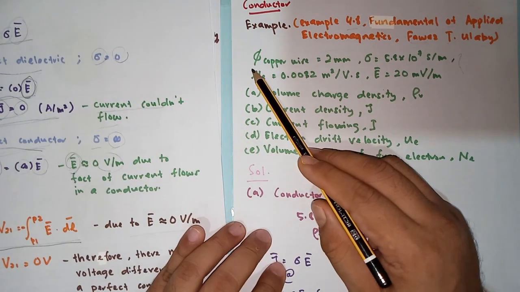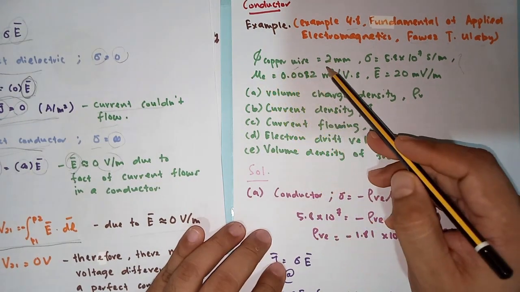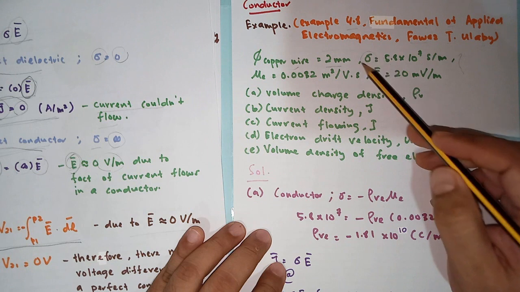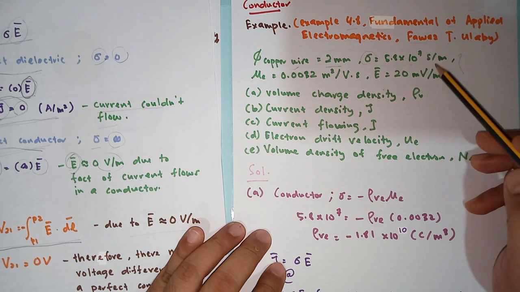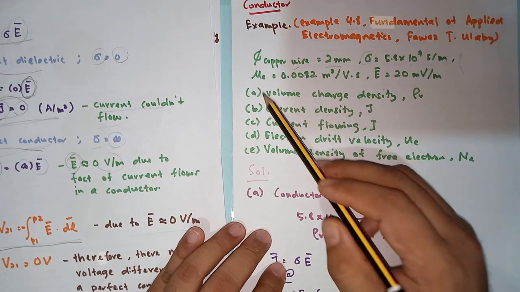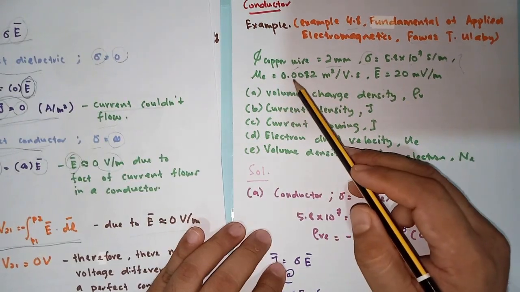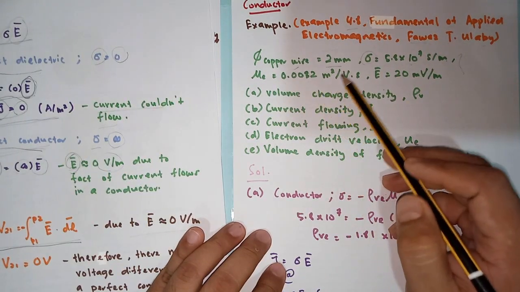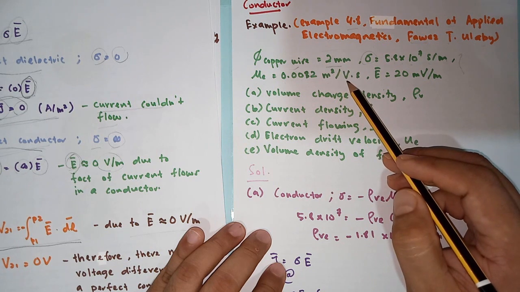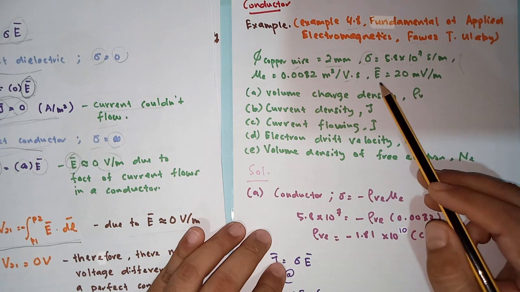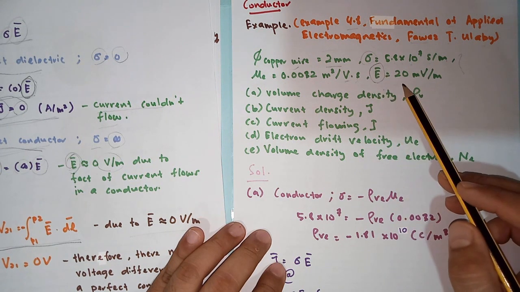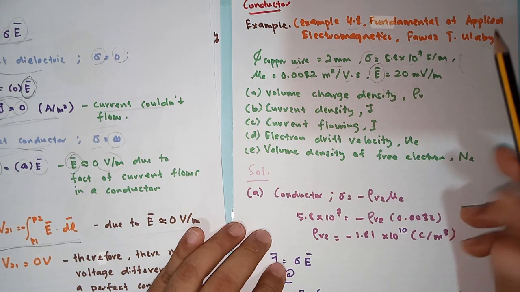The diameter of the copper wire is equal to 2 mm, sigma is equal to 5.8 times 10 to the power of 7 Siemens per meter, mu E is equal to 0.0032 m squared per volt second, and our electric field is equal to 20 millivolt per meter.